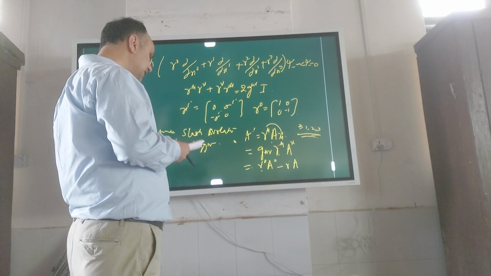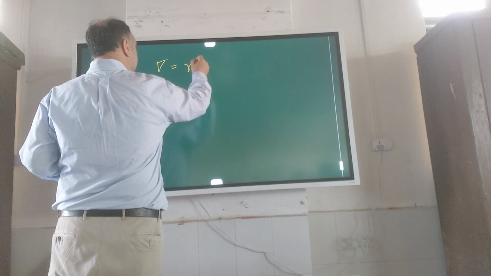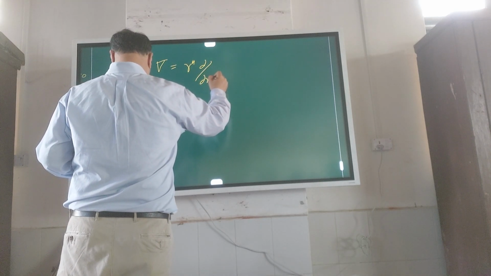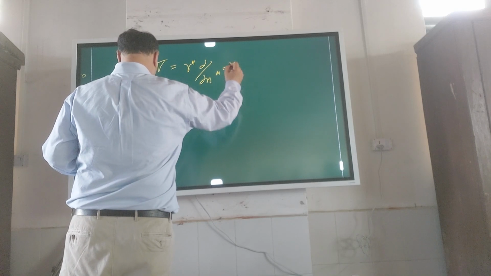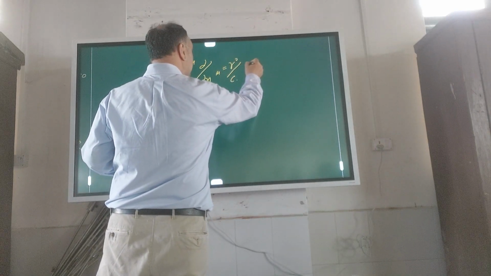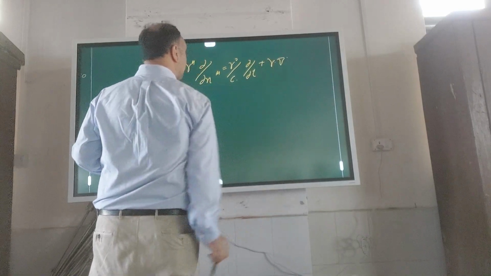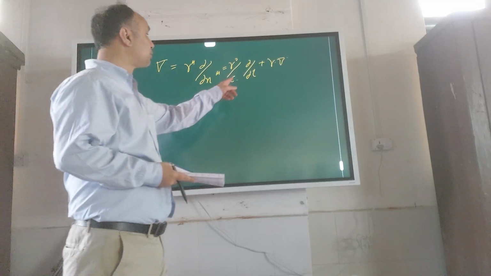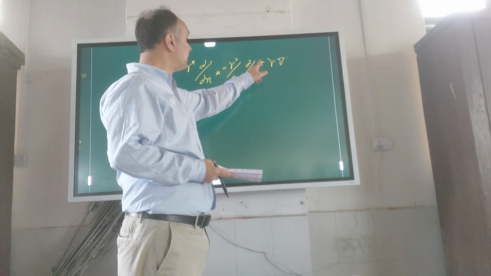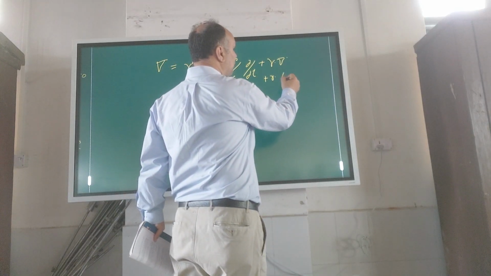So if you write it this way, or in particular, as in your earlier classes, the gradient notation del, it can be written like this. So this is the time coordinate, and these are the space coordinates, gamma dot divided by x.